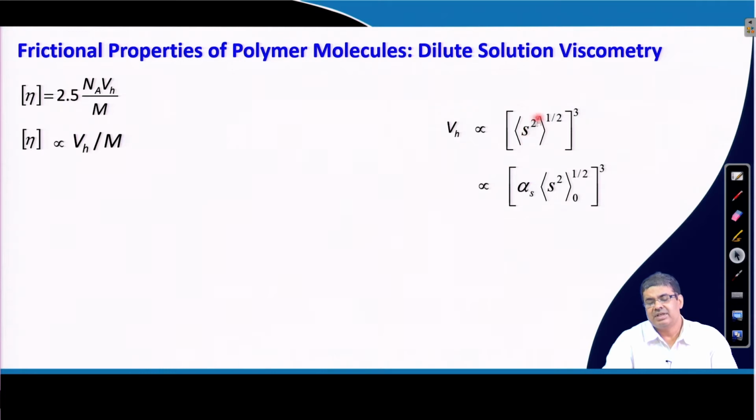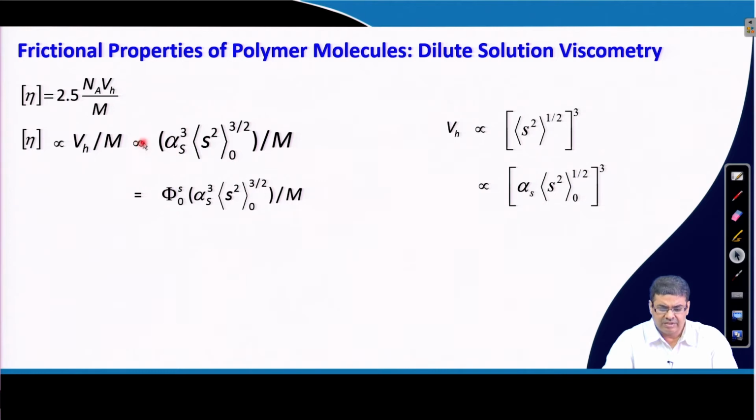Now, we know this radius of gyration can be expressed as the unperturbed size and the expansion factor. So, in place of V_H, we can write this term. Instead of proportionality, if we write equal, then we have a constant. This is the constant and we have this same expression.